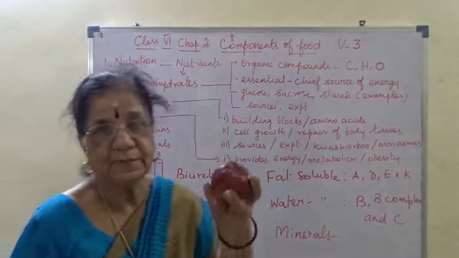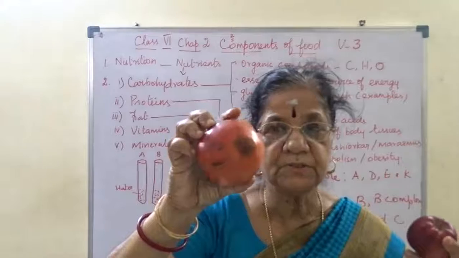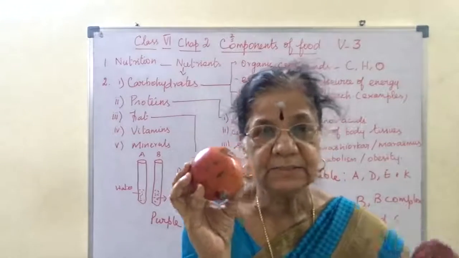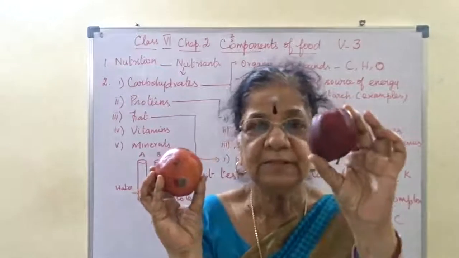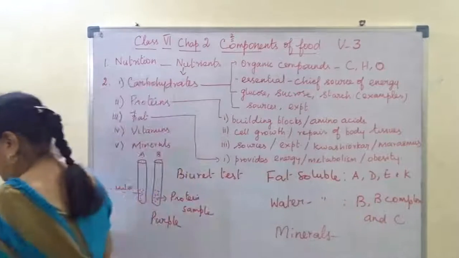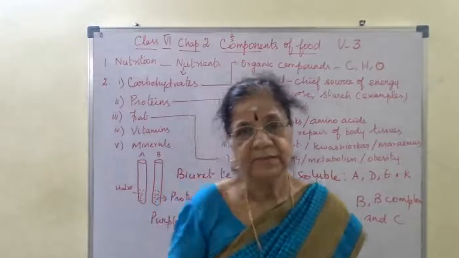This is apple, we know. This one is pomegranate. These are rich in iron content. These are multivitamins. These fruits are important for the presence of many minerals and vitamins.